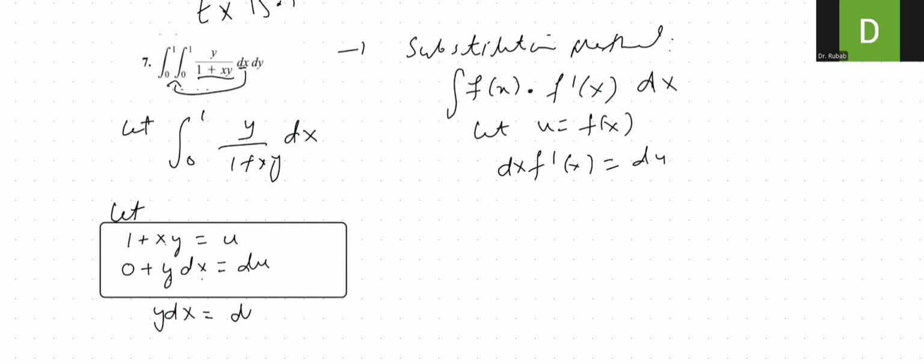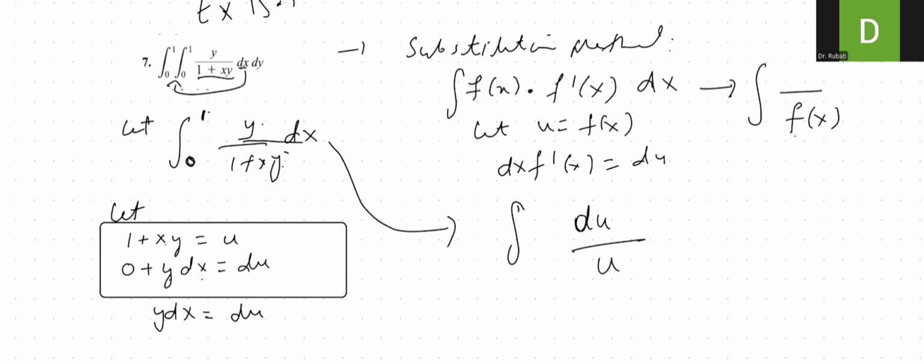So this question turns out to be, if I do not convert the limits, du over u, since y dx becomes du. So what we got is that in the denominator there is a function and in the numerator there is its derivative, right?